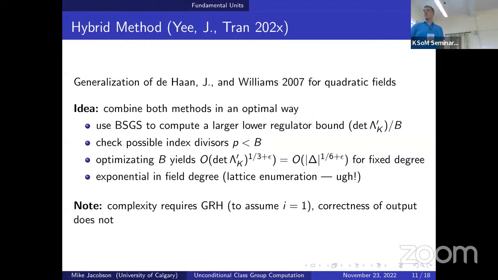It's still exponential time, and again, these search methods are completely unconditional in terms of their correctness. This is a rigorous certification that you do have fundamental units. The complexity, however, I need the GRH for the assumption that the index is 1. Then I get it. So that's one thing we were able to do.